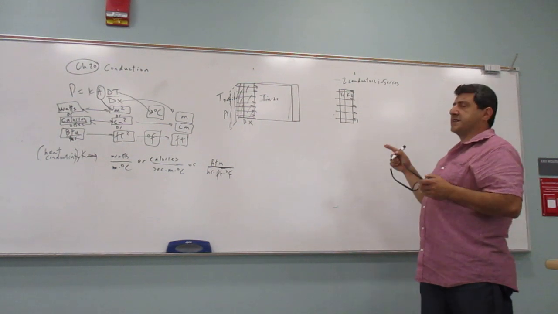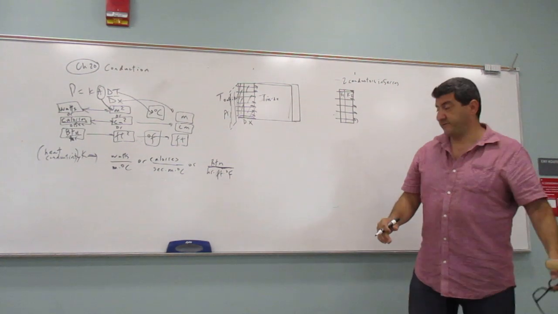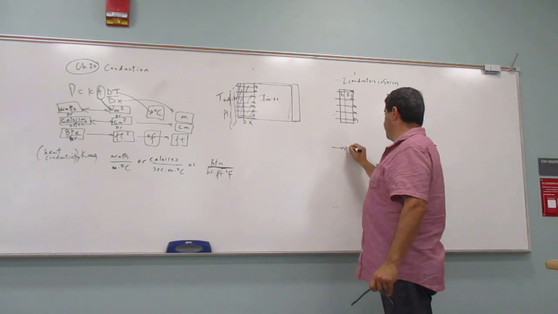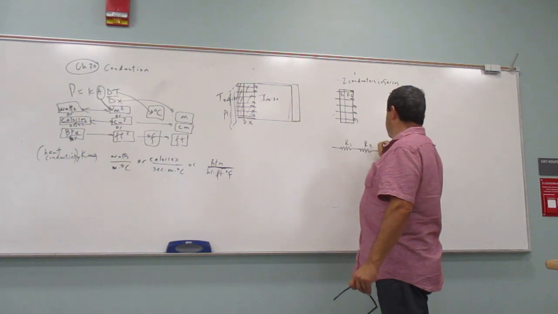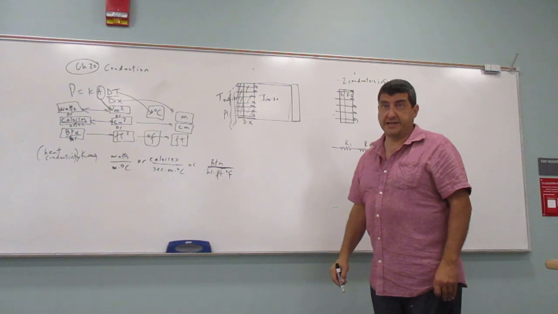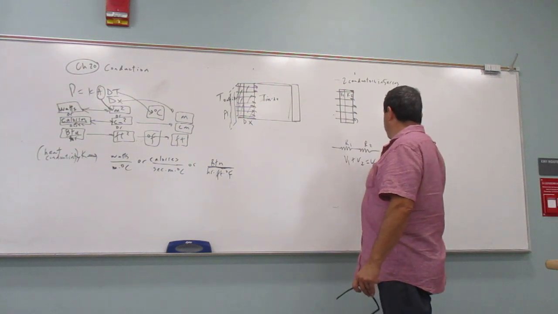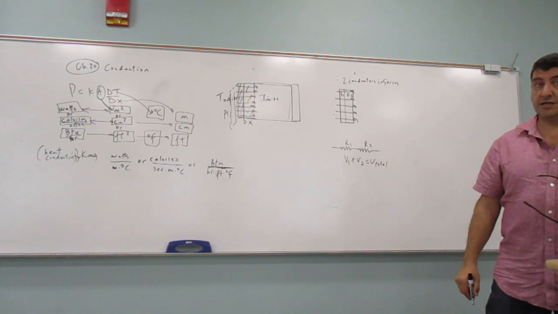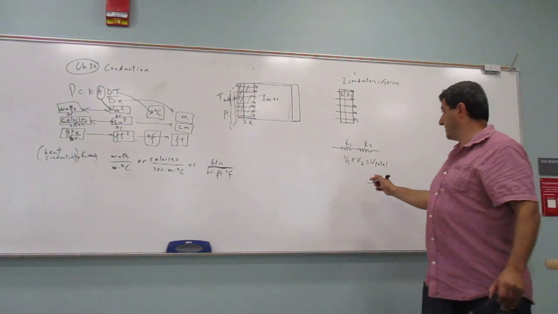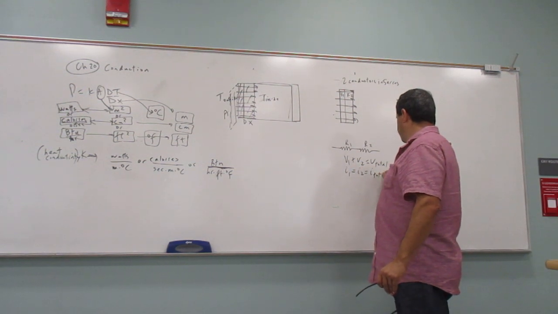When things are in series, usually something adds up and something is the same. For example, resistors in series, R1 and R2: the voltage across them adds up, so V1 plus V2 gives you V total. But the current through them is equal to each other, so I1 is equal to I2, which equals I total.